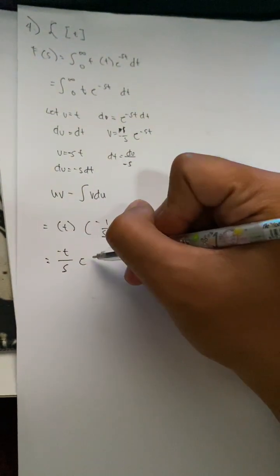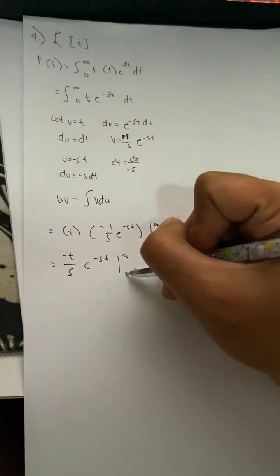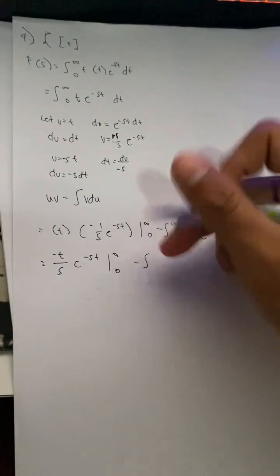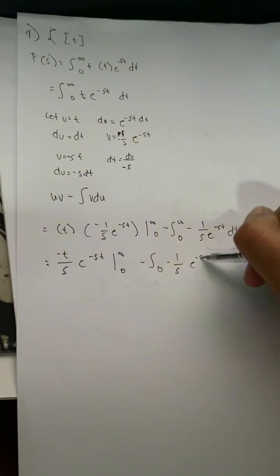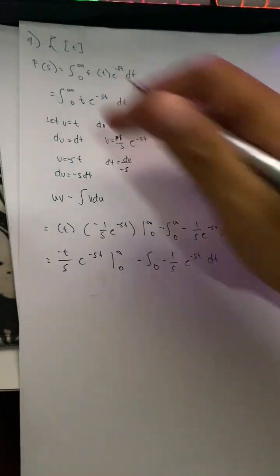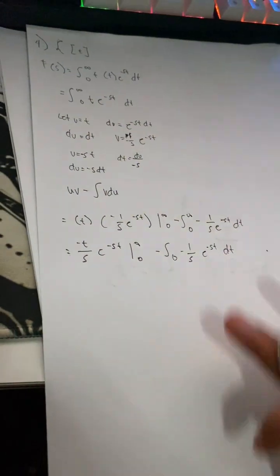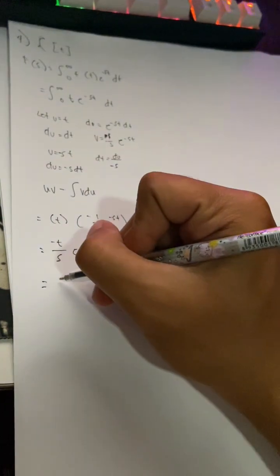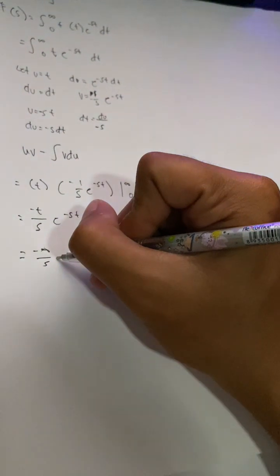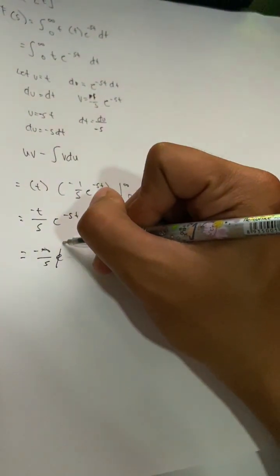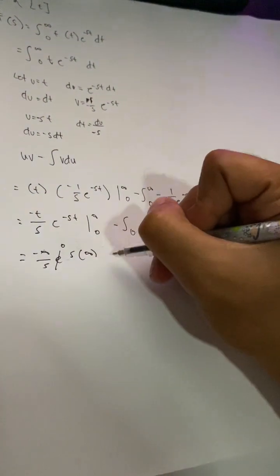Let's evaluate the limit on the left side of our equation. We have negative t over s times e raised to negative st, evaluated from 0 to infinity, minus the integral from 0 to infinity of negative 1 over s e raised to negative st dt. Substituting the upper and lower limits, we have negative infinity over s times e raised to negative s multiplied by infinity.